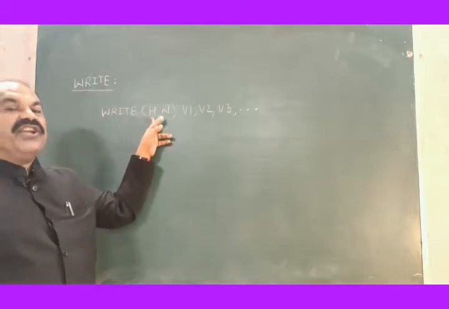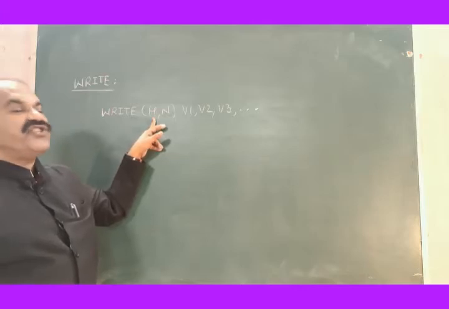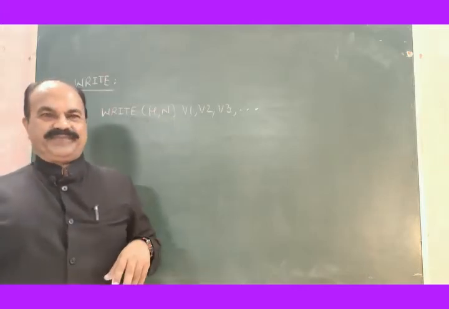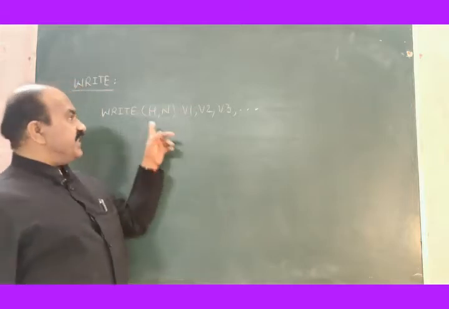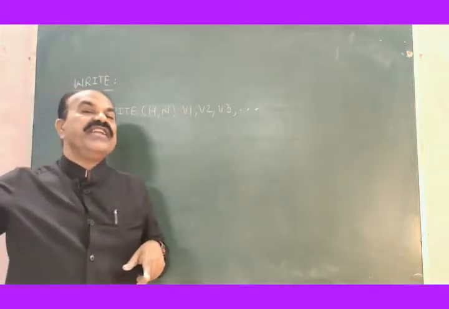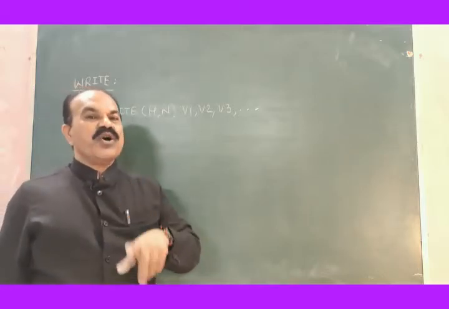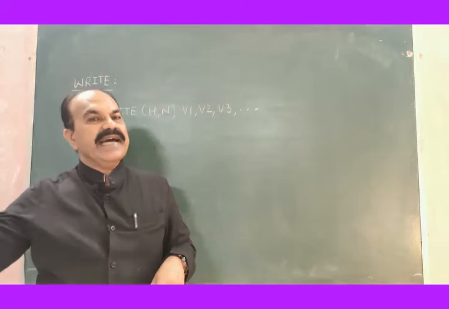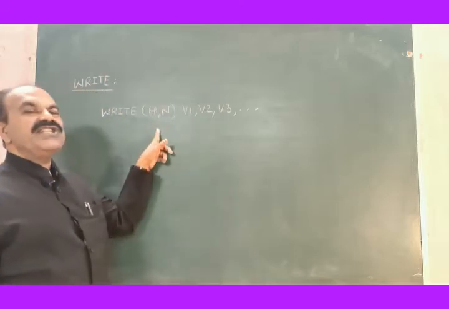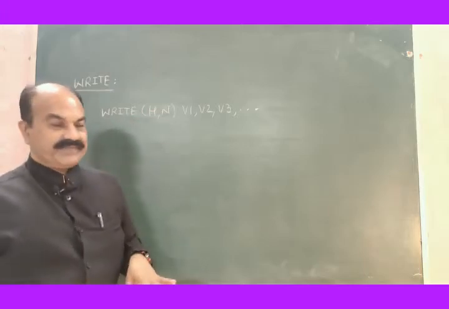In read statement, we were having small h and small n. To differentiate this h and n in the write statement with h and n in the read statement, small h, small n are used in read statement, capital H, capital N used in a write statement.